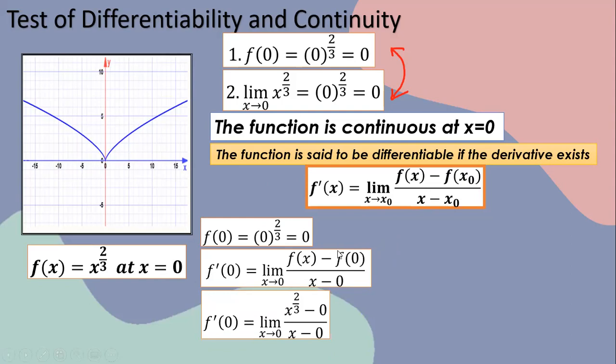Substituting, f prime of 0 is equal to the limit of x raised to 2/3, the given function, minus 0 over x minus 0 as x approaches 0.